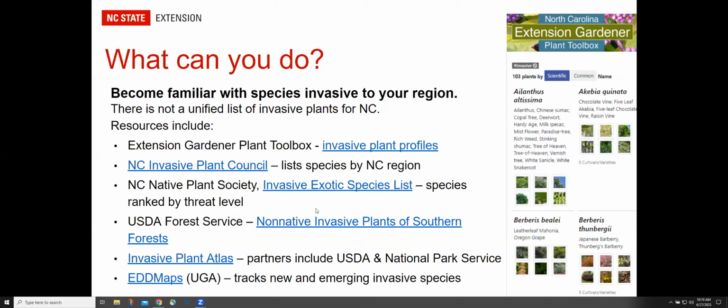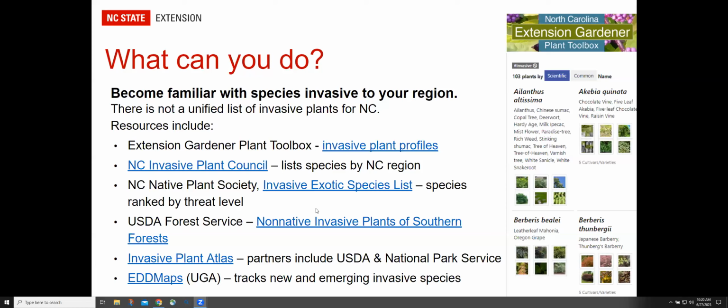And again, you'll be able to come back to these slides and click on these links to investigate them more. Things like the Extension Gardener Plant Toolbox has an invasive tag built into it, so you can go in and explore the invasive plants that are in there, learn more about them, see pictures, get ID tips. The North Carolina Invasive Plant Council, which Caroline will be telling us more about, is a wonderful resource.